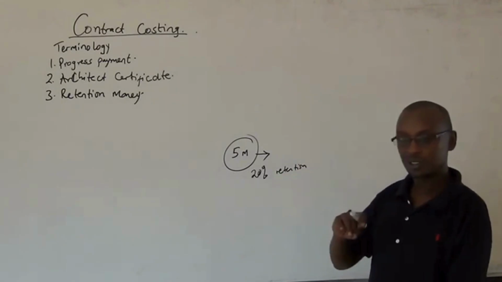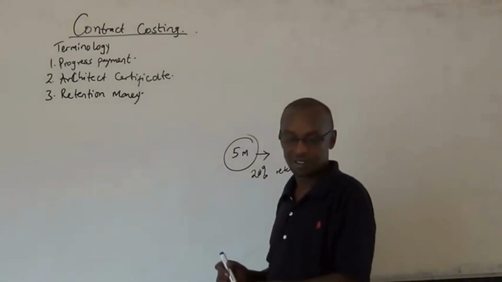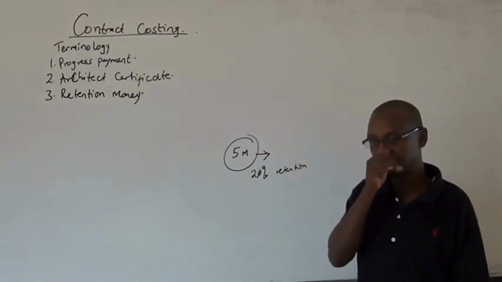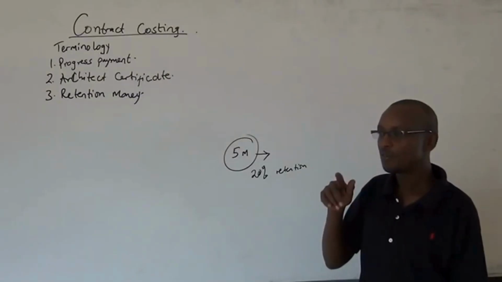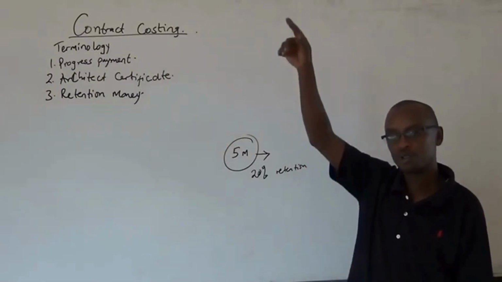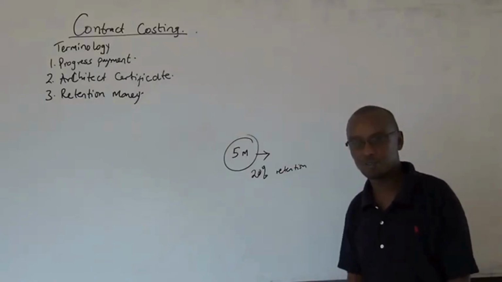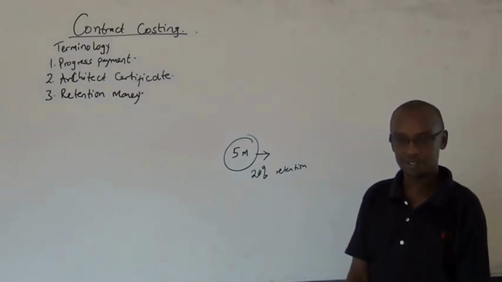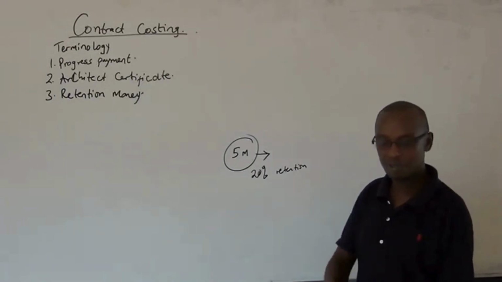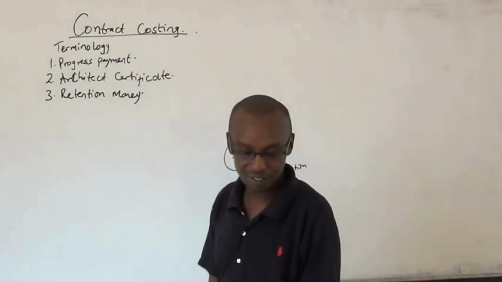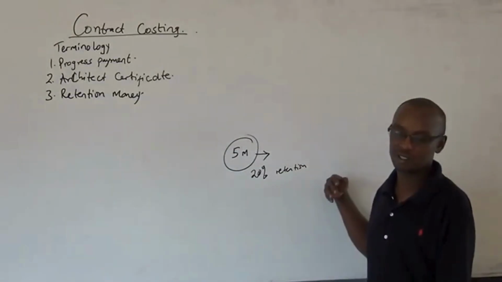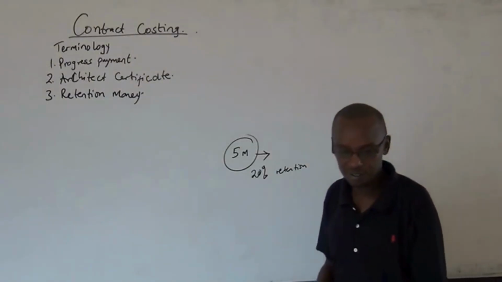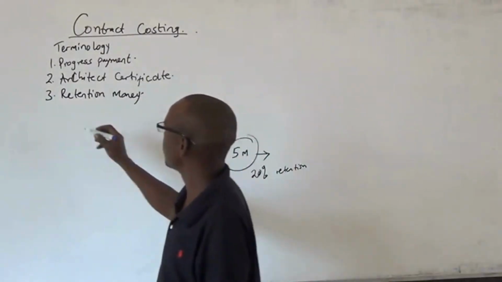But this amount, the retention money, is to make good the defects. If, as we continue with the other floors, we find some defects on the previous floors, we are going to use this money to do the repairs. If there will be no defects, then this money will be released at a later date. Is it clear now? Yeah. Then we have cost of work certified.